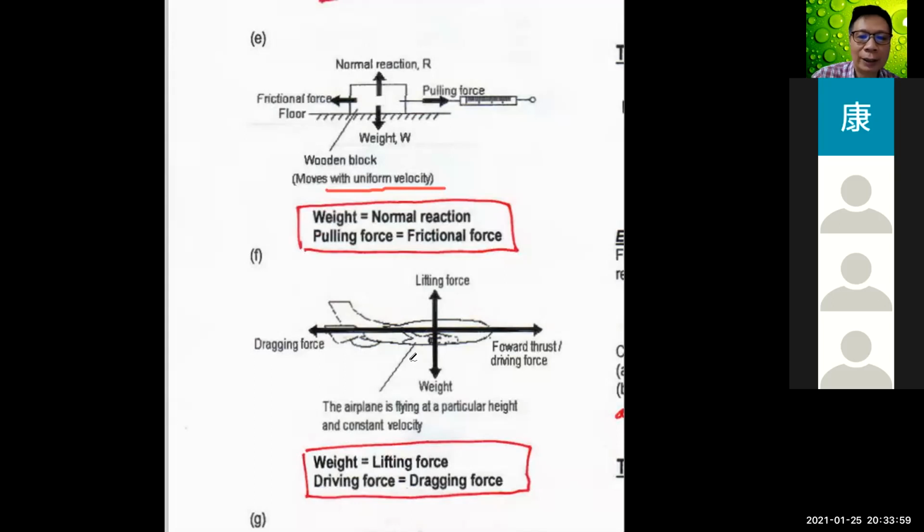One is the aeroplane stays stationary, but in this case the engine has started, so the aeroplane is moving, but with constant velocity. Please highlight: aeroplane flying at a particular height at constant velocity.